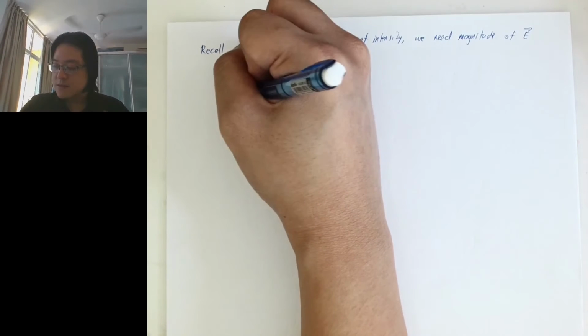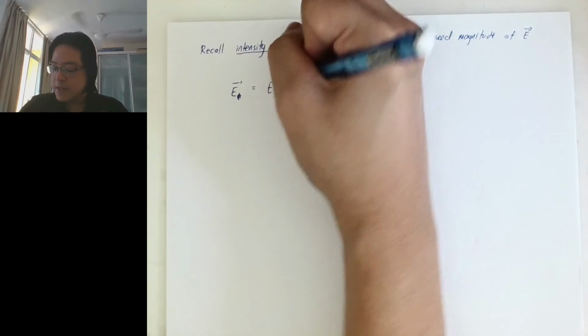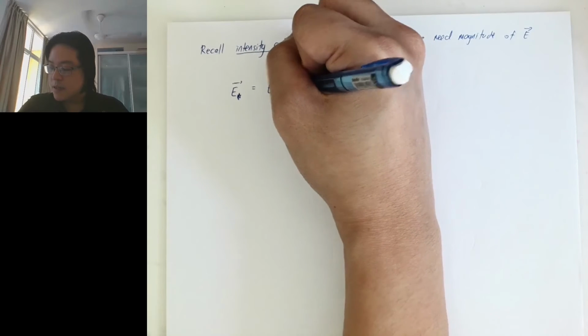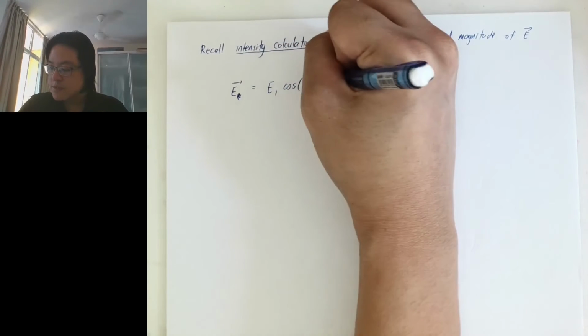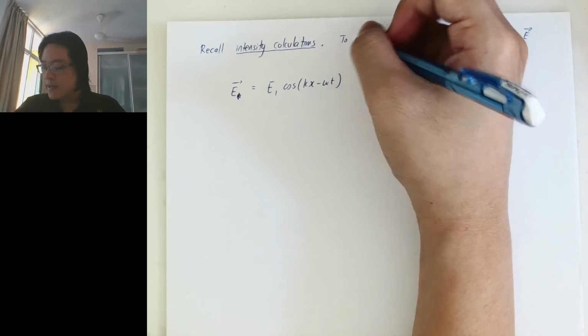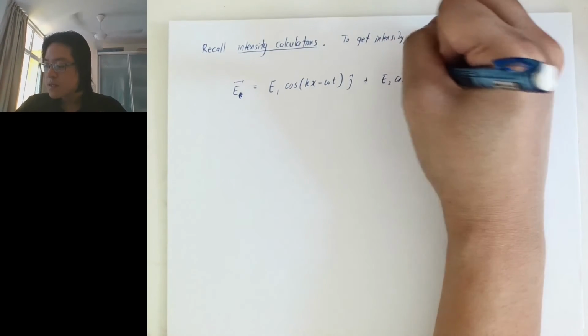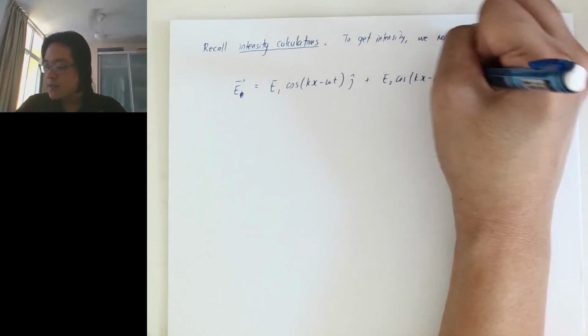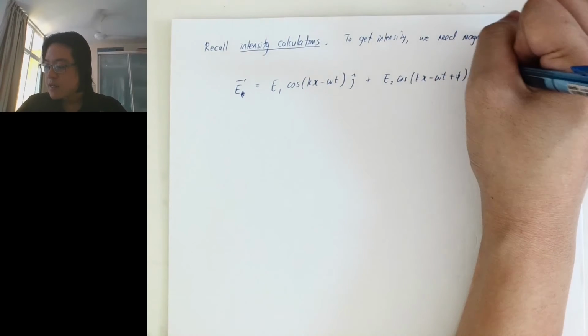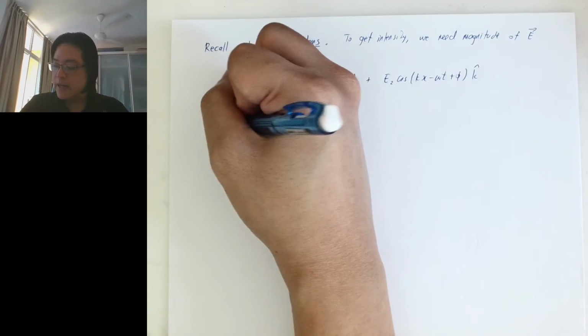Well, the E total. The E1 is just E1 cos(kx minus omega t) in the J direction, and E2 cos(kx minus omega t plus the phase difference) in the k direction, and I want to get the magnitude, right?